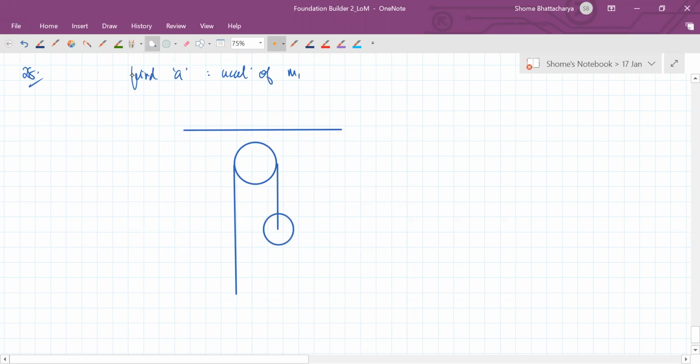And then of course another second thread is going around the second pulley. Now we have all these blocks. Okay. So this is our M1, this is our M2, let's say, this is our M3. So these are the blocks which are all connected.